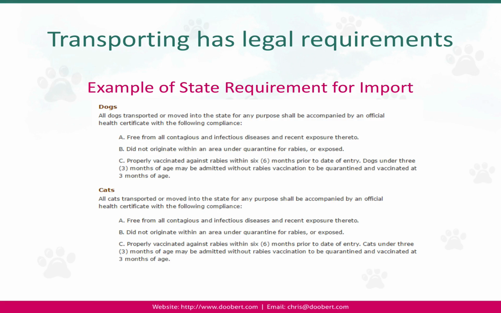Now, not every state is going to look exactly the same, so it's important to recognize as you're doing some of these transports, make sure you're familiar with the state laws and regulations. In particular, up in the northeastern quadrant, Massachusetts, Rhode Island, Vermont, New Hampshire, they've got some very stringent specific requirements.